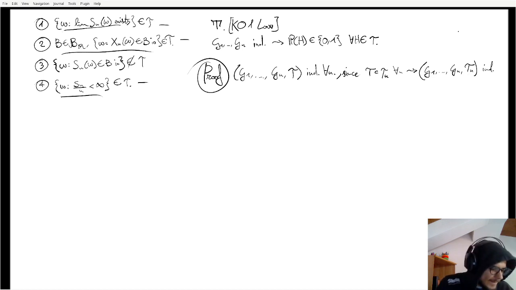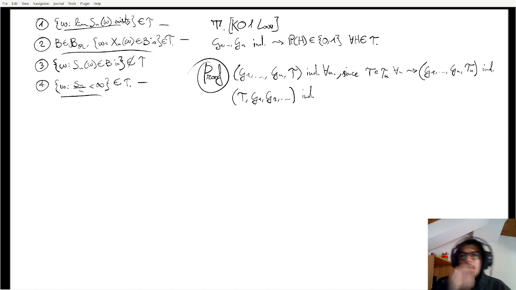And now again, we can write it like this: G1, G2, and so on is again an independency. Why do we write it in this way?